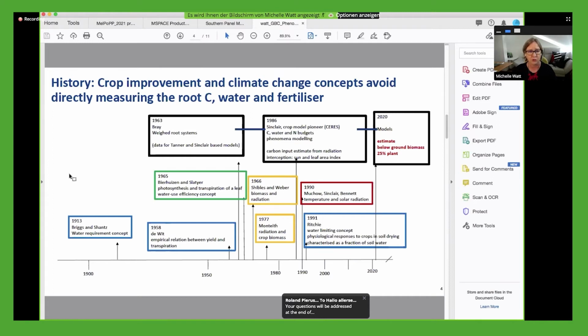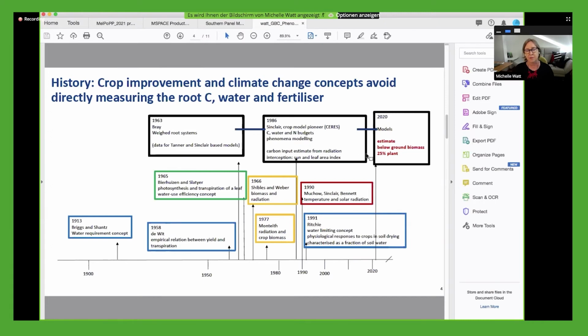What I want to show in this timeline, I'm not going to go through it in detail, is that last century we had a series of experiments and key phenomenological concepts that have come together to basically arrive at the way that plants are measured and modeled.